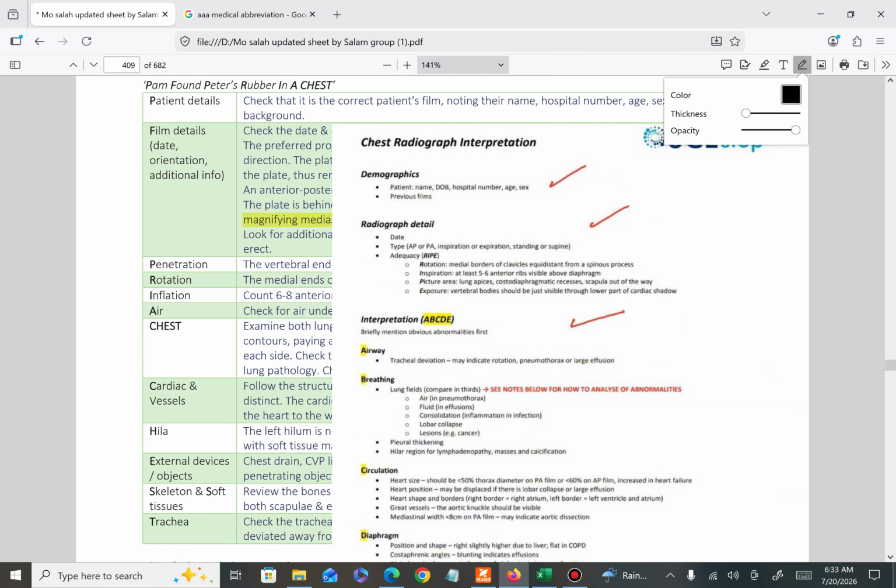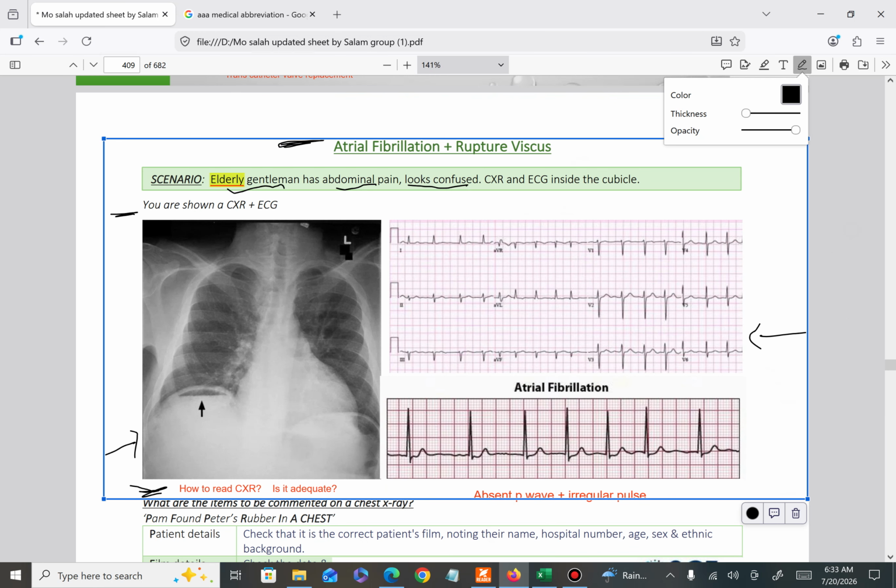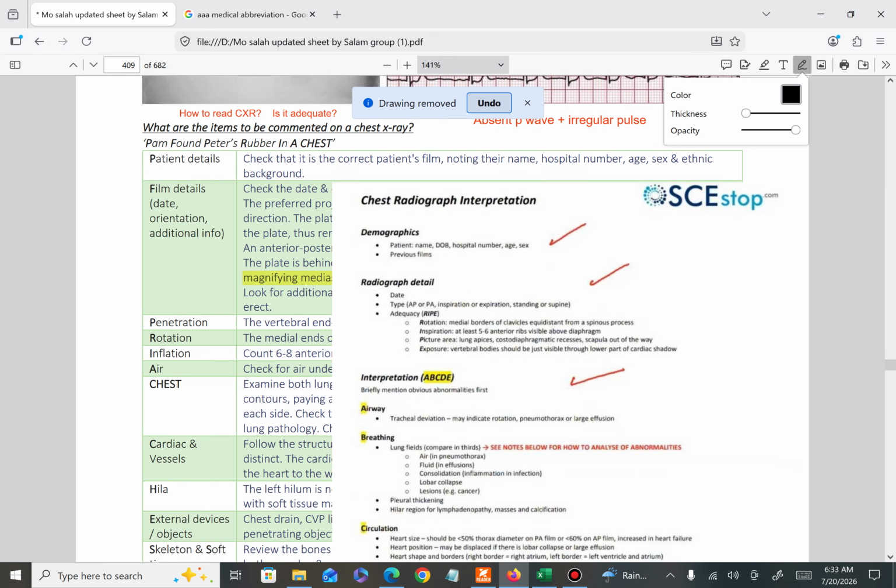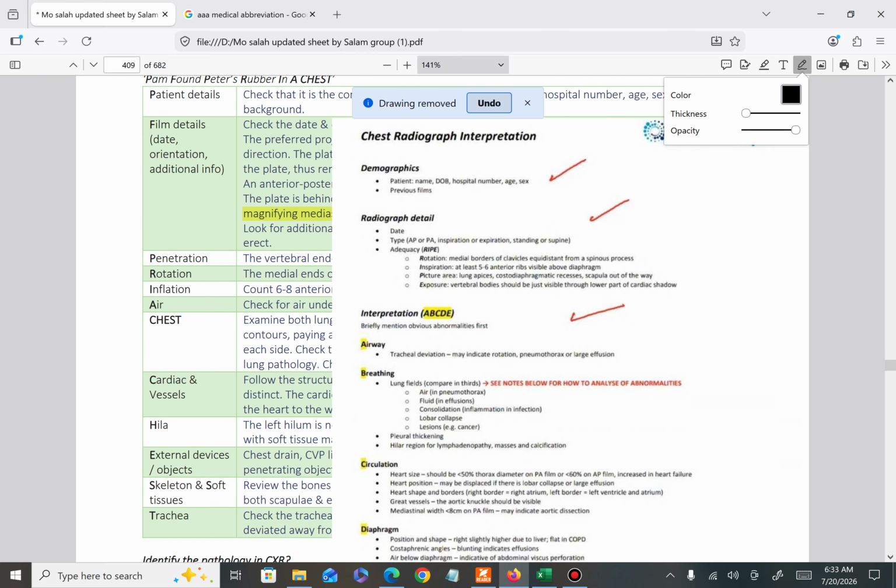For adequacy, remember the RIPE. R is for rotation. Rotation means the medial borders of the clavicles are equidistant from the spinous processes.